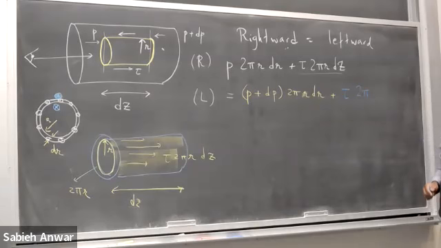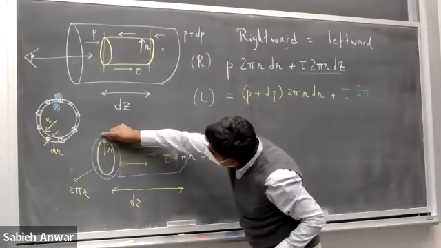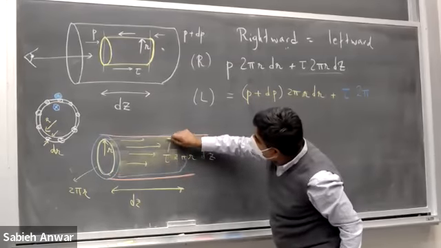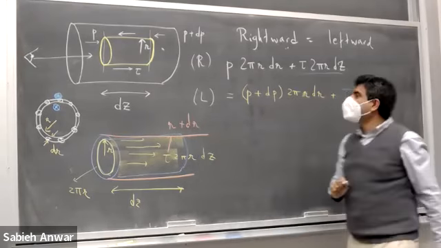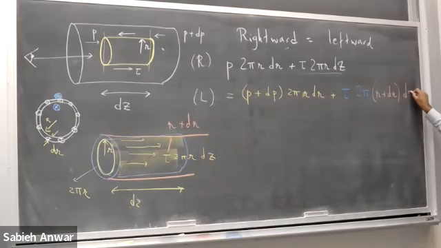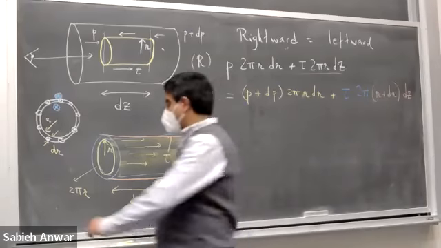And the distance of the outer periphery, which is now drawn in pink over here, is r plus dr. So you would like to replace this r with r plus dr and put a dz as well. Then you equate the right-hand side of the equation with the left-hand side.